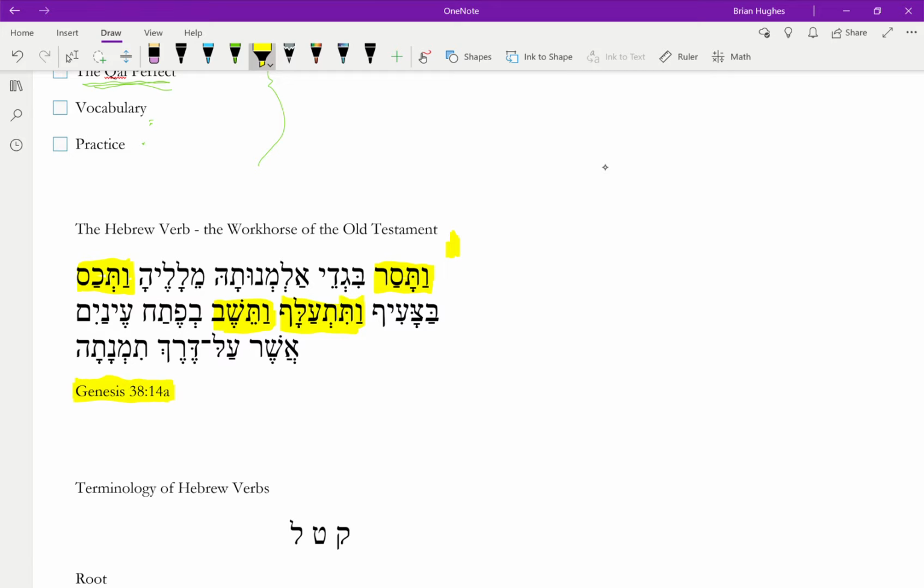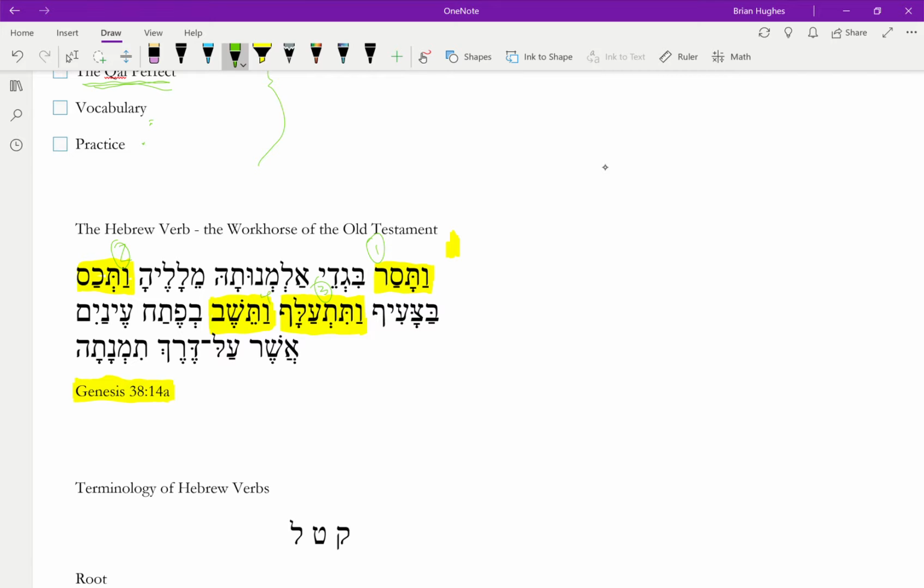This is when she hatches her plan to seduce Judah and act like a prostitute, and so shame him for what he's done to her, which is basically leaving her humiliated and powerless in society. This is when she hatches her plan, and you see that the text is wanting you to see her as a woman of action, that she's somebody who takes the initiative, that instead of just one verb being associated with her, we get these 4 verbs.